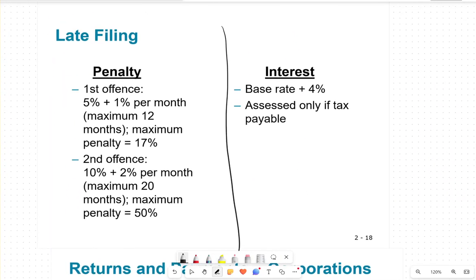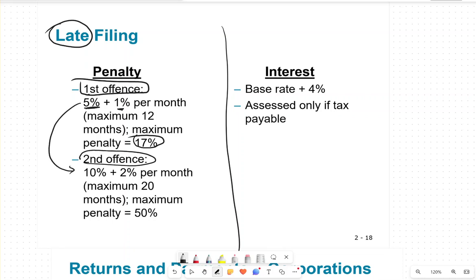So if you owe money and you file late, and this is your first offense, you're going to pay them 5% and then 1% per month, maximum of 12 months. So your penalty will be 17%. If this is the second offense, your penalty increases to 10%, and then you pay 2% per month, maximum of 12 months.